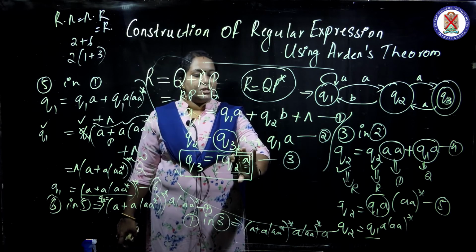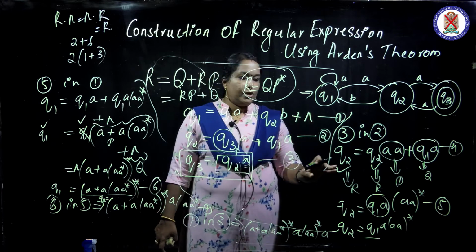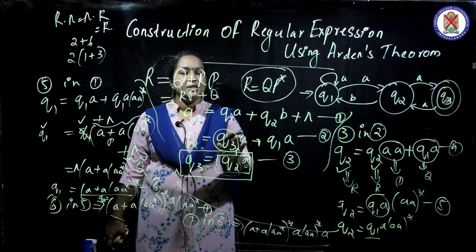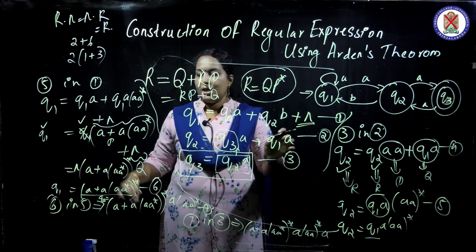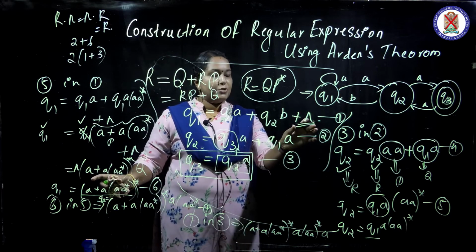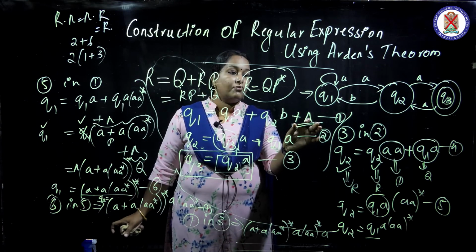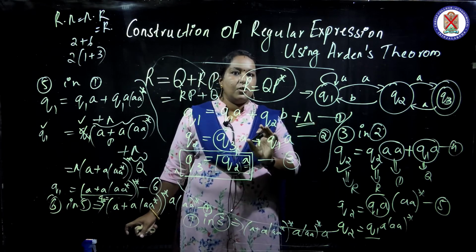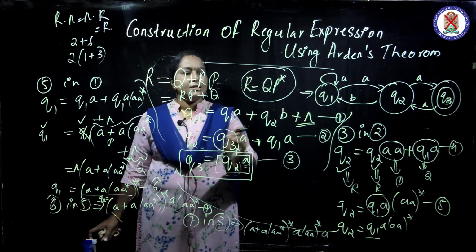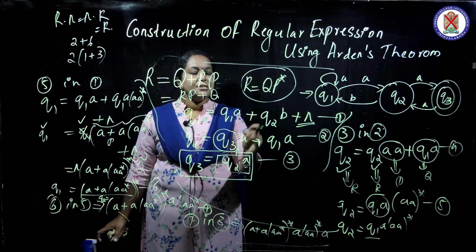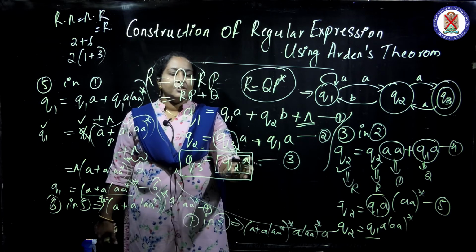So look for the simple state and substitute in the other equation and solve it. The last regular expression without non-terminals will come from the state which contains epsilon, and after solving this, you do the reverse substitution and you will get Q3. This is the first example.